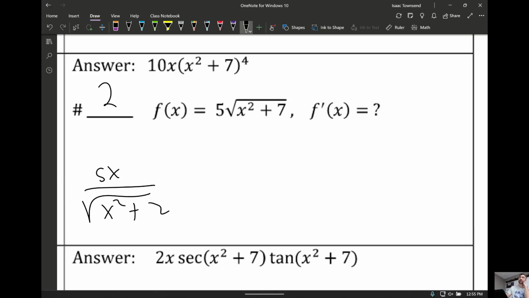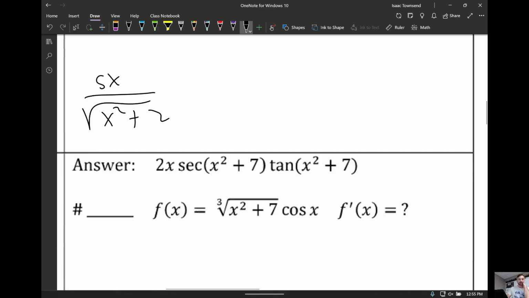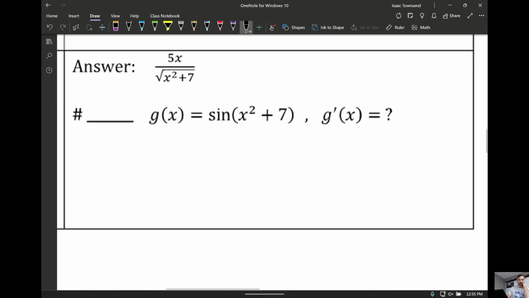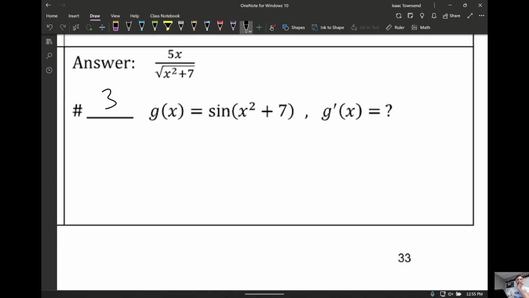If not, I can work it out. Everybody got that for number 2? Okay. Number 3 is down here. You should have ended up with cosine of x squared plus 7 times 2x. Anybody need to see number 3 worked out? Okay, number 4.